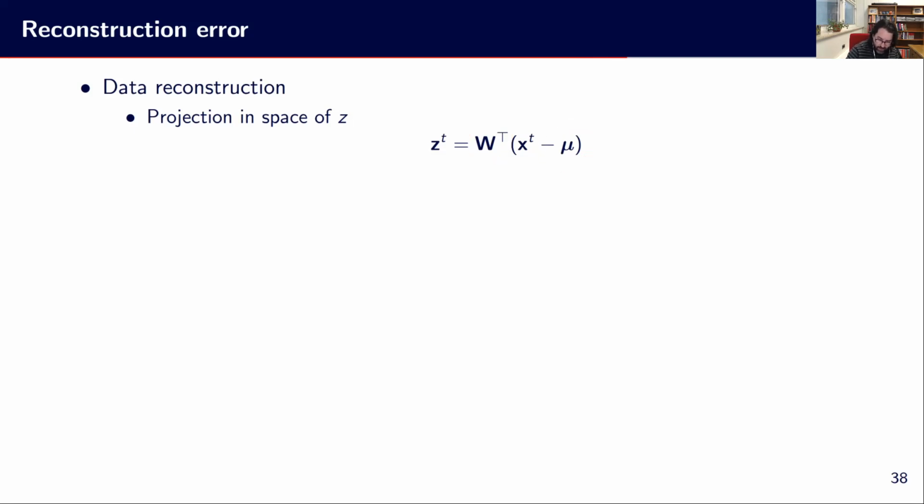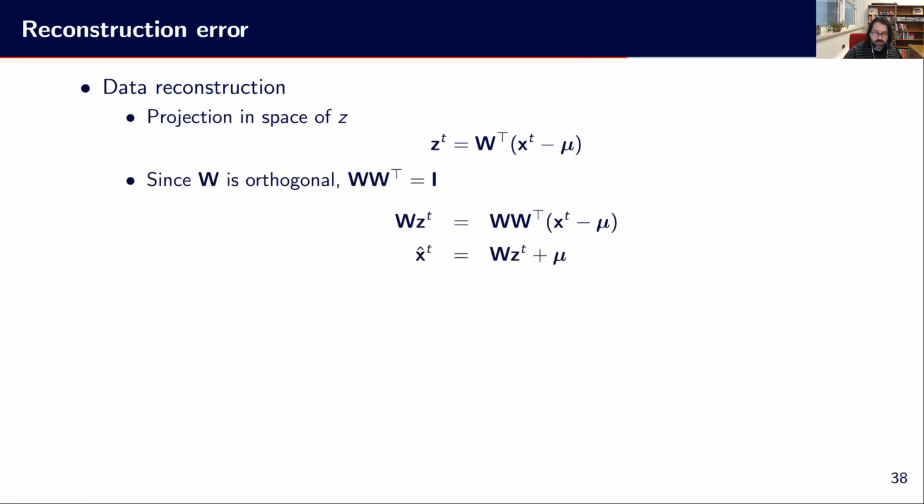So this is our projection in space Z. Since W is orthogonal, we know that W times W transpose is equal to the identity matrix. So we can say that W times Z^T is equal to W transpose times (X minus mu), the average value. So simplifying things here, it is equivalent to that.